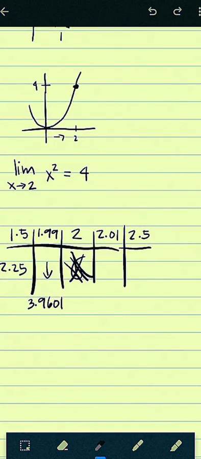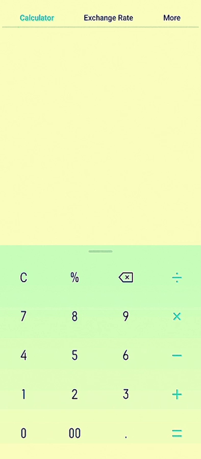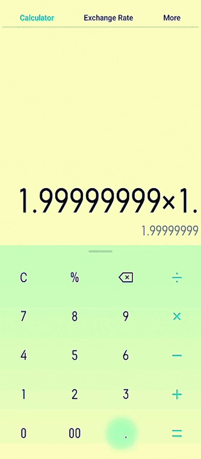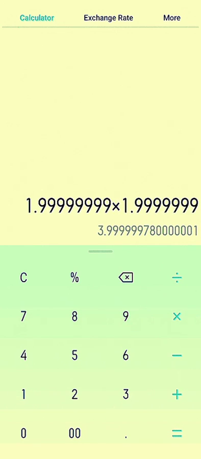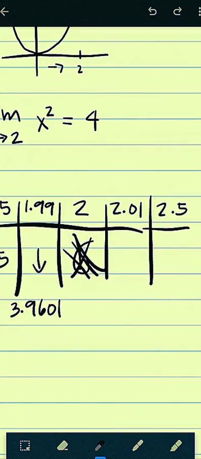So that's the idea. Again, if we go very close, so 1.999999, squared, you can see that it's 3.9999, very close to 4.